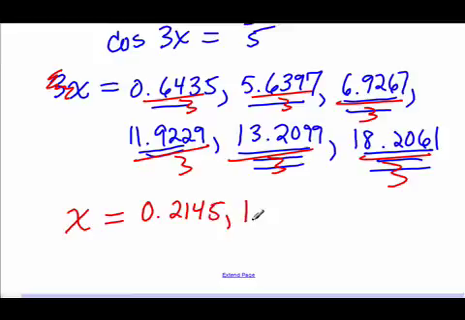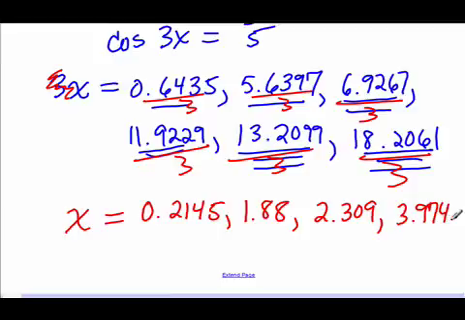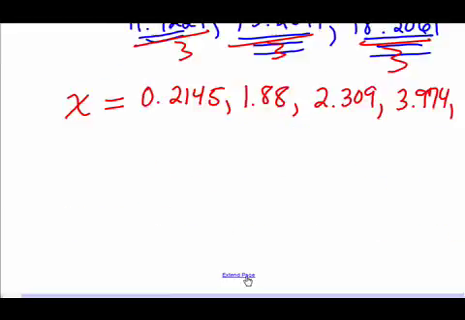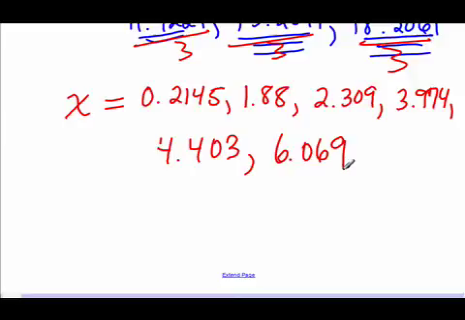Next angle, 1.88. Next angle, 2.309. 3.974. 4.403. And finally, 6.069. And all of those are between 0 and 2 pi.